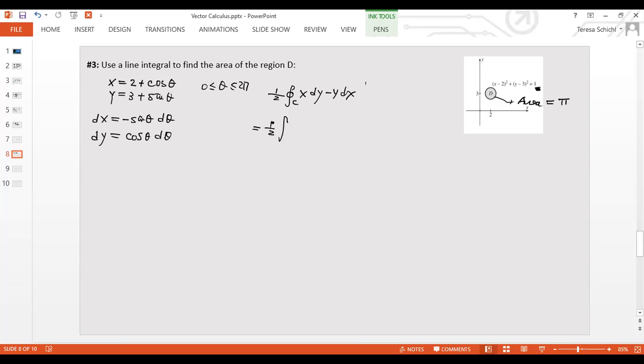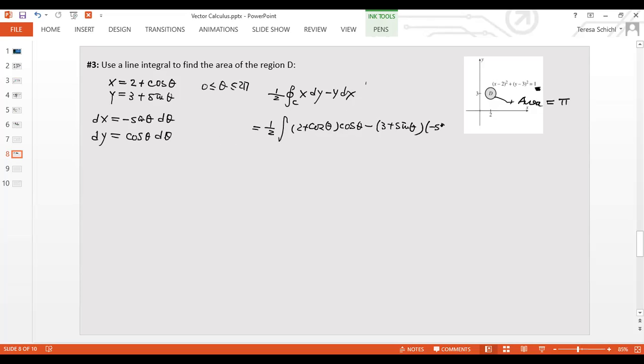So now the x and the y, you can parameterize. So x equal to 2 plus cosine theta, right? So it's 2 plus cosine theta. And what is the dy here? Dy is cosine theta, right? Then minus y, what is y here? Y is 3 plus sine theta, right? Then dx is what?